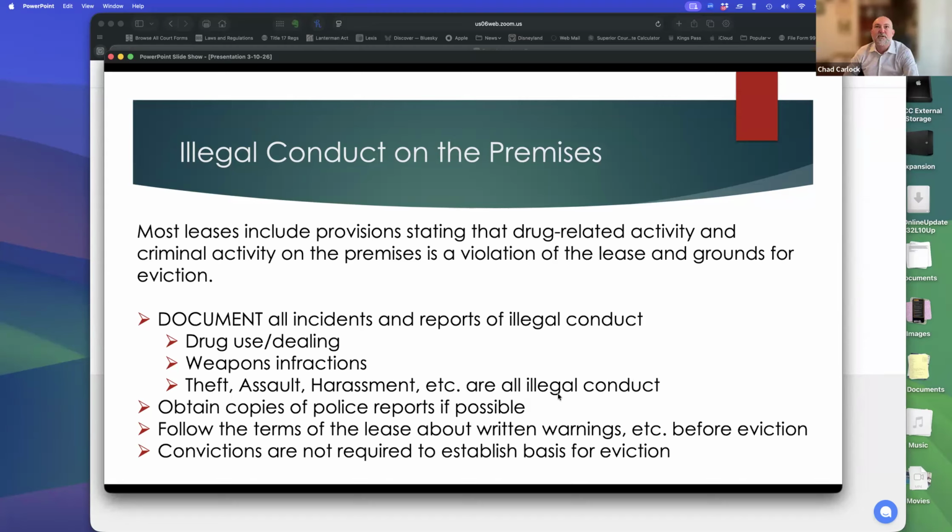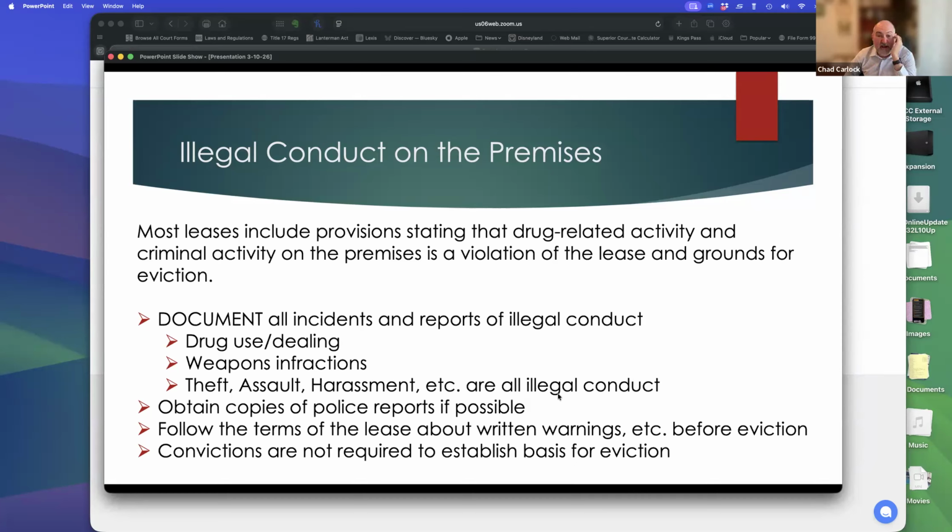That protects you from claims of selective enforcement or harassing conduct, or claims that you're using it as an excuse to throw them out when they didn't really do what you are accusing them of. So just follow your standard procedures as best you can.